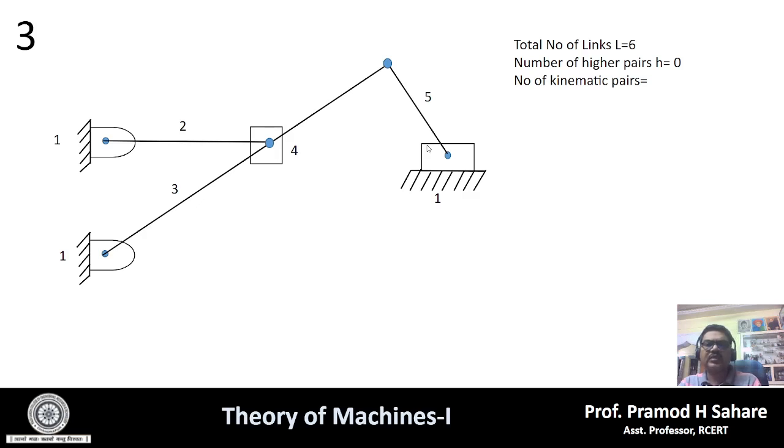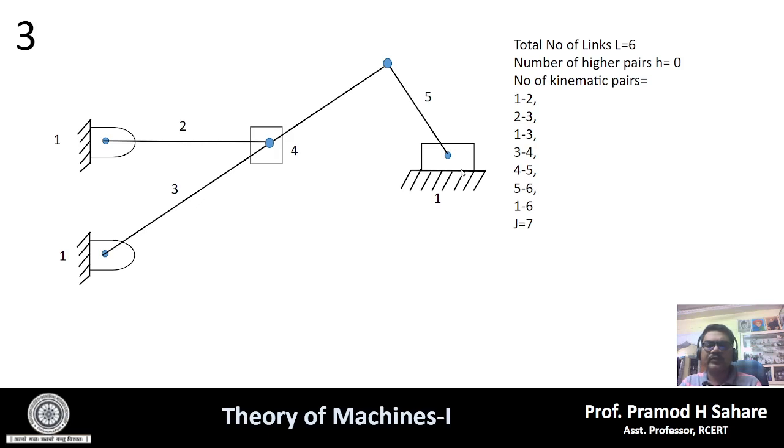As you can see here, 1 to 2, then 2 to 3, then 1 to 3, then 3 to 4, then 4 to 5, then 5 to 6, this one is 6, then this will be 1 to 6, so total pairs will be 7, so the value of J will be 7.